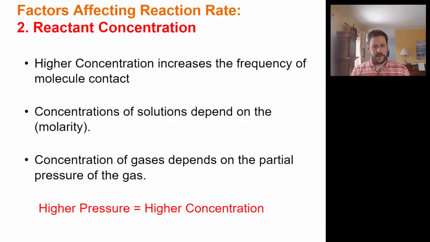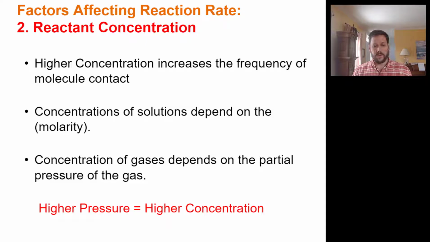The second one is also pretty intuitive when we think about collision theory. A higher concentration of a reactant is going to increase the frequency of effective collisions because there are just more particles to bump into each other. And we measure concentration, of course, in molarity. However, if we're talking about a gas phase reaction, the equivalent of molarity is partial pressure, and we're talking about the concentration of gases in a mixture.